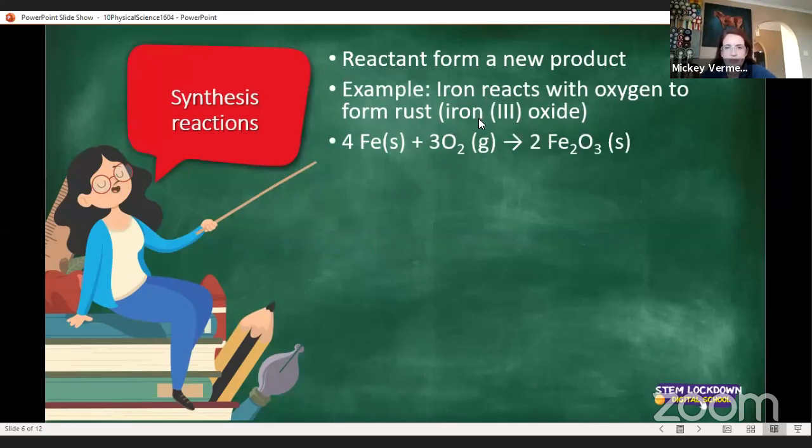Okay, so just like we have the symbols that tell us which state. Mbali, you're going too far ahead. Slow down. Stay with me. Okay? Ollie, are you with me? Just like we write an S or a G or an L, the 3 here tells us how many electrons this metal gave up.